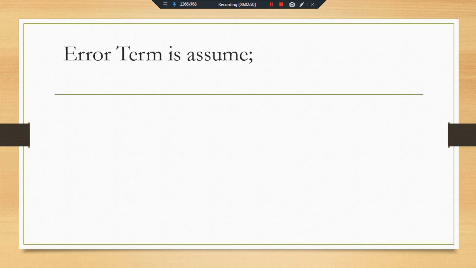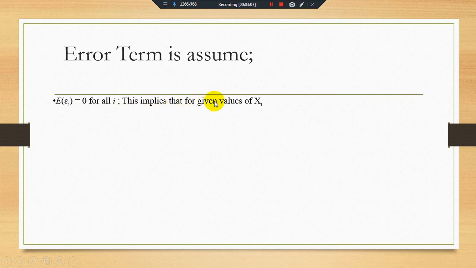Here are some qualities of the error term. The expected value of the error term is equal to 0 for all i.